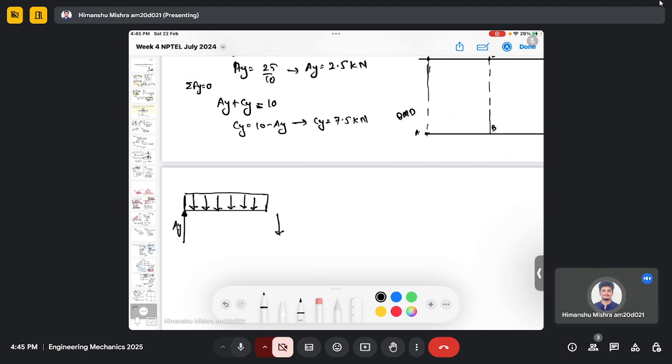Let's say this is my shear force V, this is horizontal force N, and this is moment M, and I have a distance x.